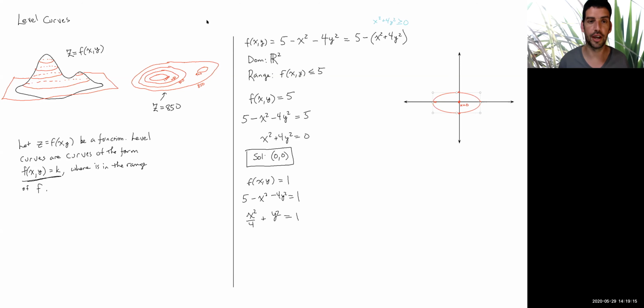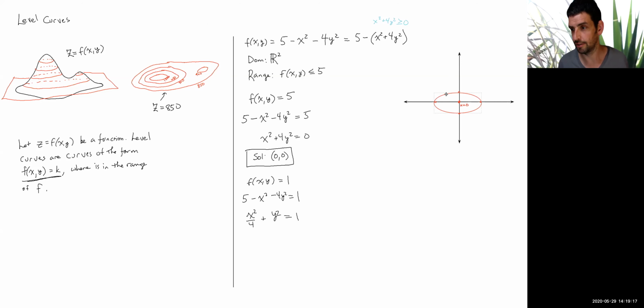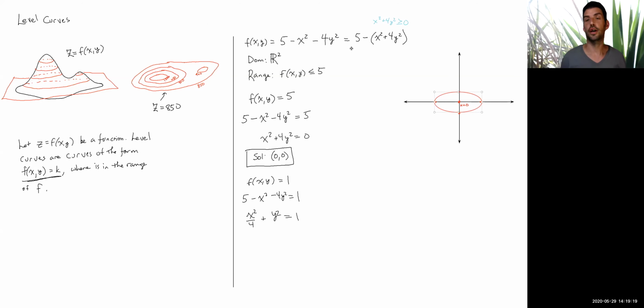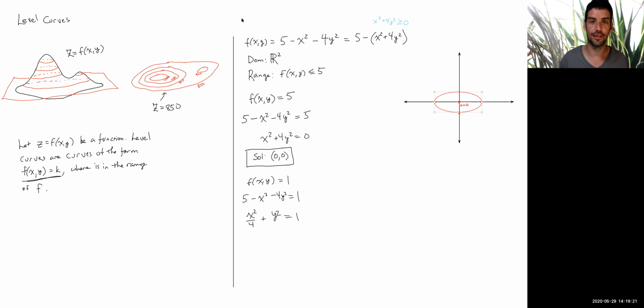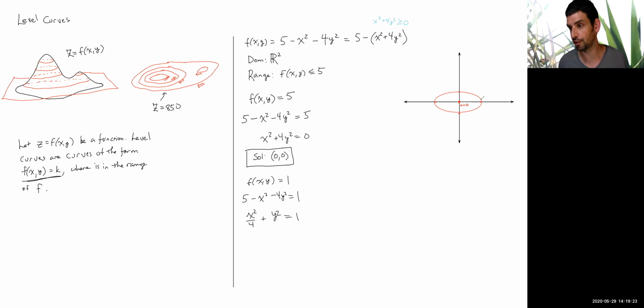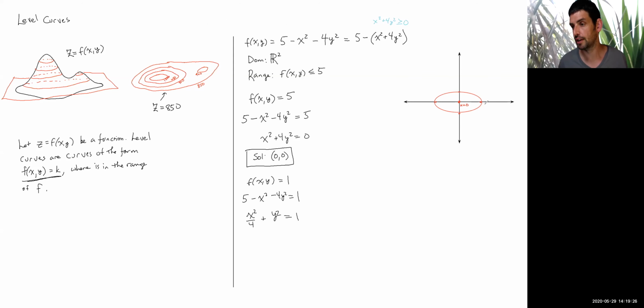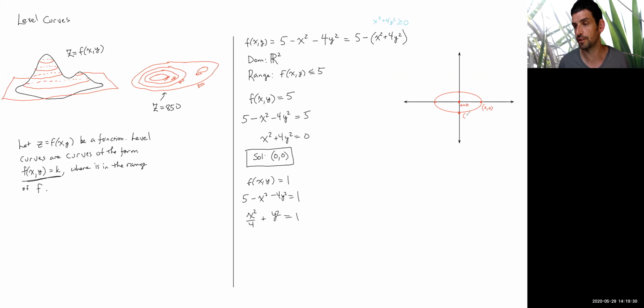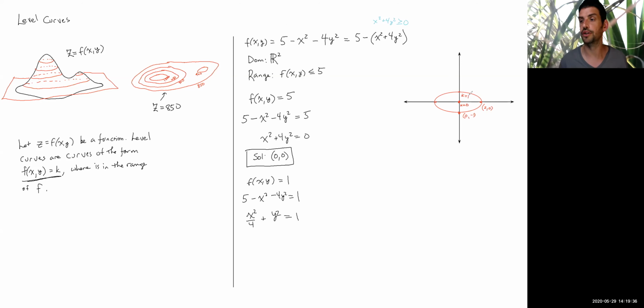All right, so we've got an ellipse like this now. It doesn't have to be this nice, but this is easier to actually do on here. So this is going through the point 2, 0. This is the point 0, -1. And this is the level curve for k is equal to 1.